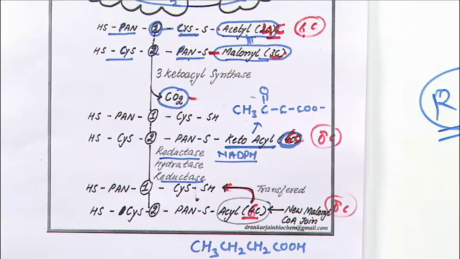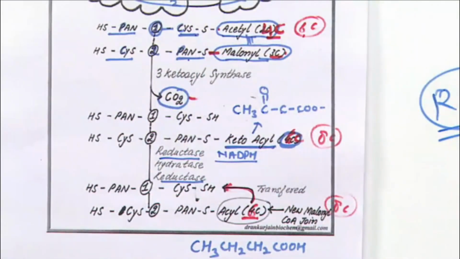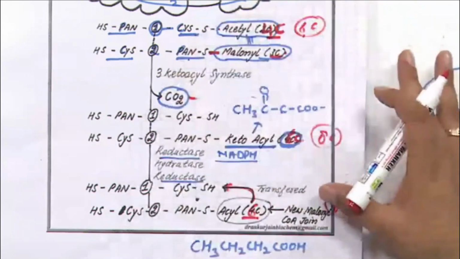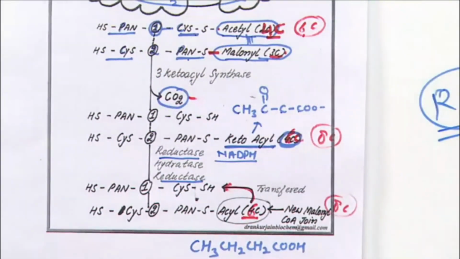But in subsequent cycles, 2 carbon units are joined in each cycle. So this is fatty acid synthesis, and fatty acid synthesis takes place in the cytosol, as you know all these things.